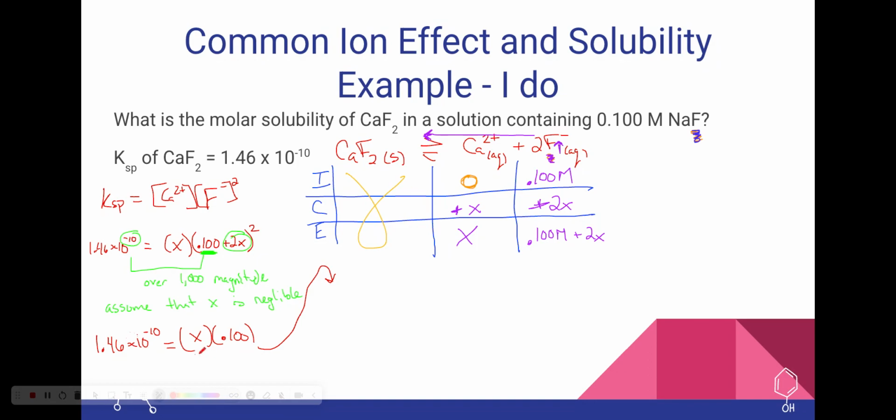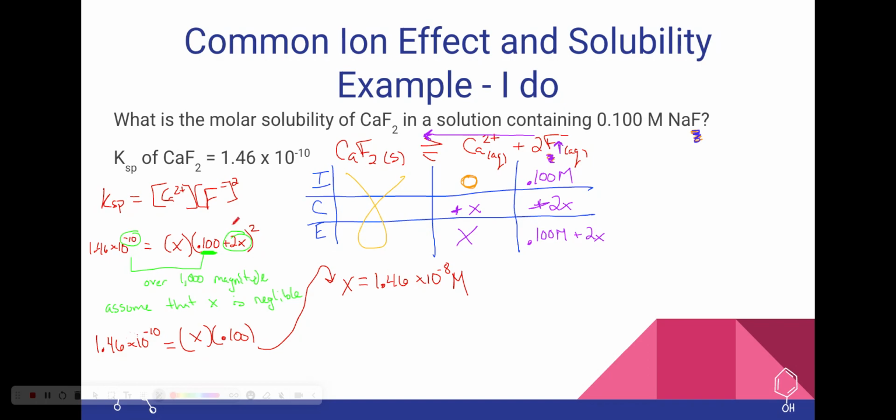Where I'm just going to divide both sides by 0.1, and I'm going to get x is equal to 1.46 times 10 to the negative 8th molar. Okay. Now, for those of you who don't believe me and don't want to assume that x is negligible, if you do expand this out and you get the cubic, and you solve for x, you will indeed get 1.46 times 10 to the negative 8th.